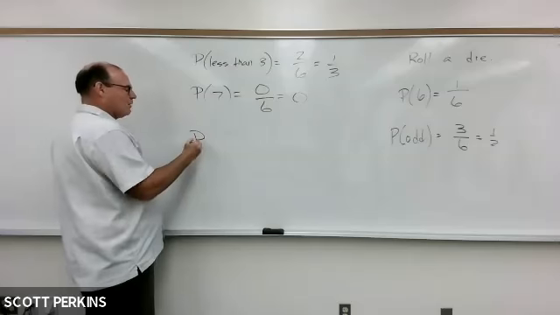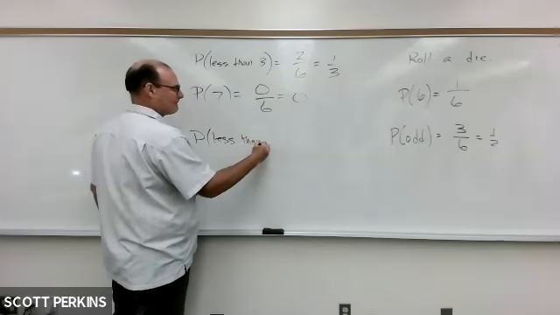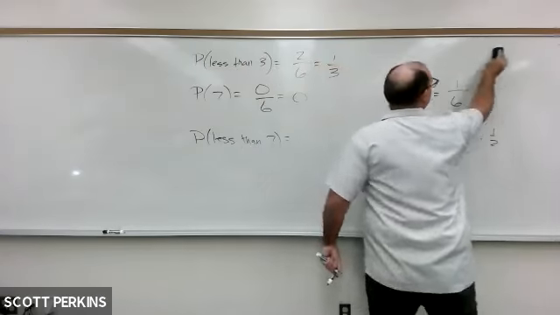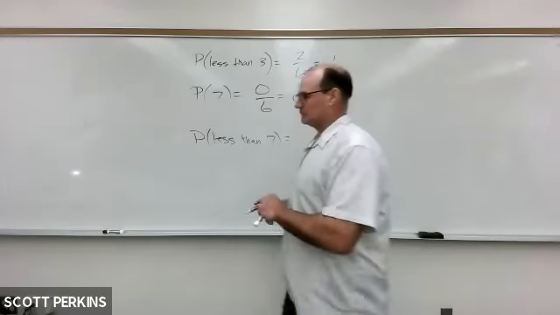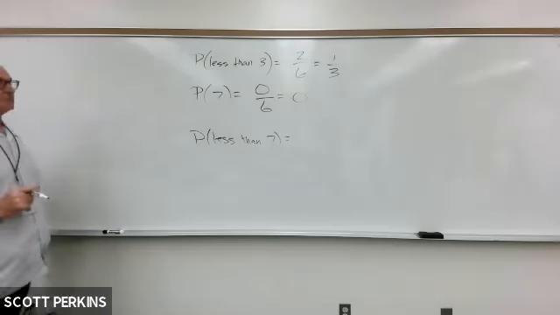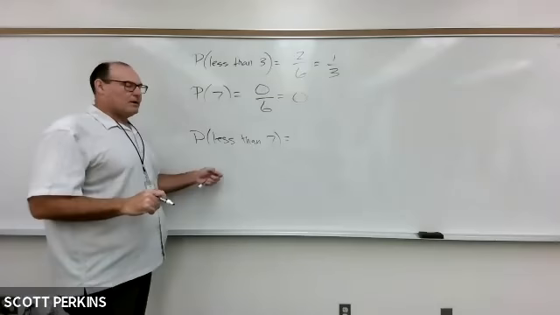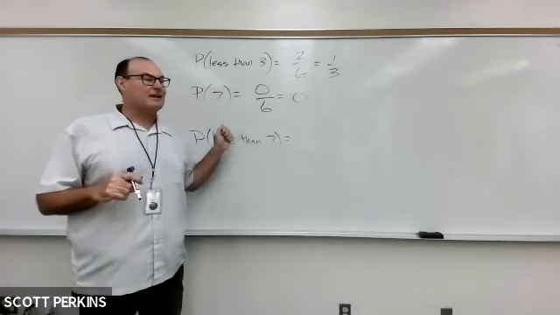The last one is, what's the probability that I roll something less than 7? When I roll my die, how many outcomes are less than 7?